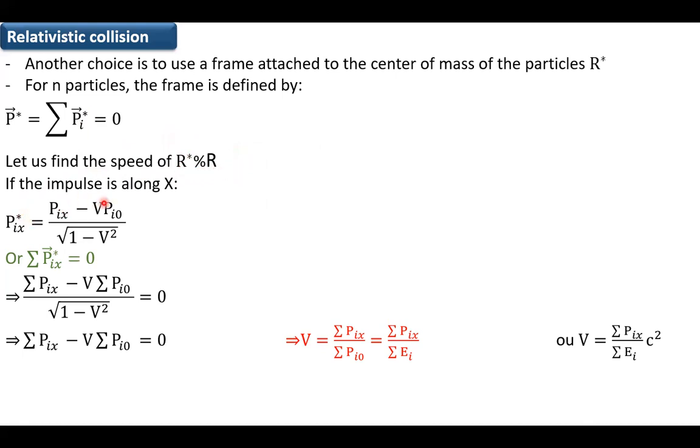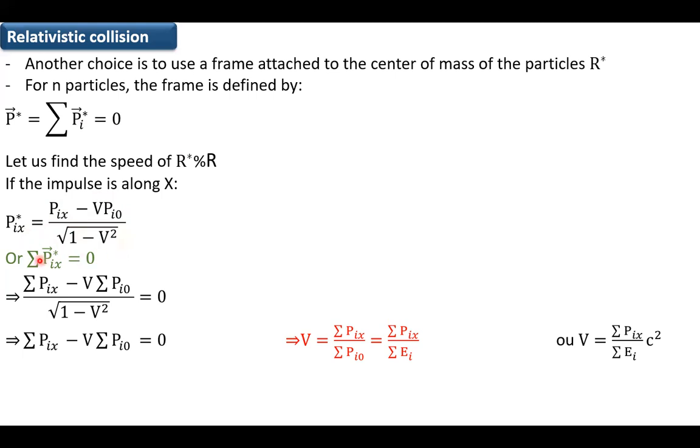Okay, we will consider the total momentum as a vector along x. So Pi of x star, if we use the Lorentz transformation, in order to see if it is applicable to this frame, Pi star of x is equal to Pi of x minus v Pi of 0 over the radical of 1 minus v squared.